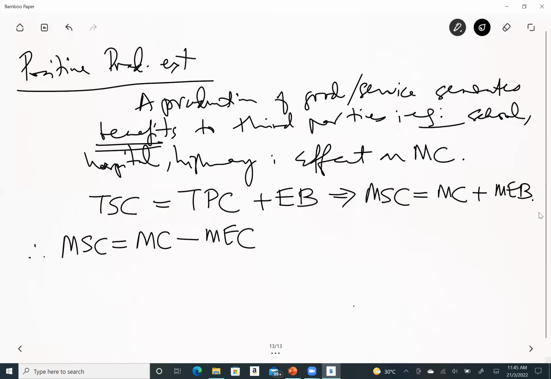You can go back to the negative production externality, where you have the incurring of costs, but now you have a positive production externality. So how do the curves relate, the marginal social cost function and the marginal cost? I want you to sketch the curve.